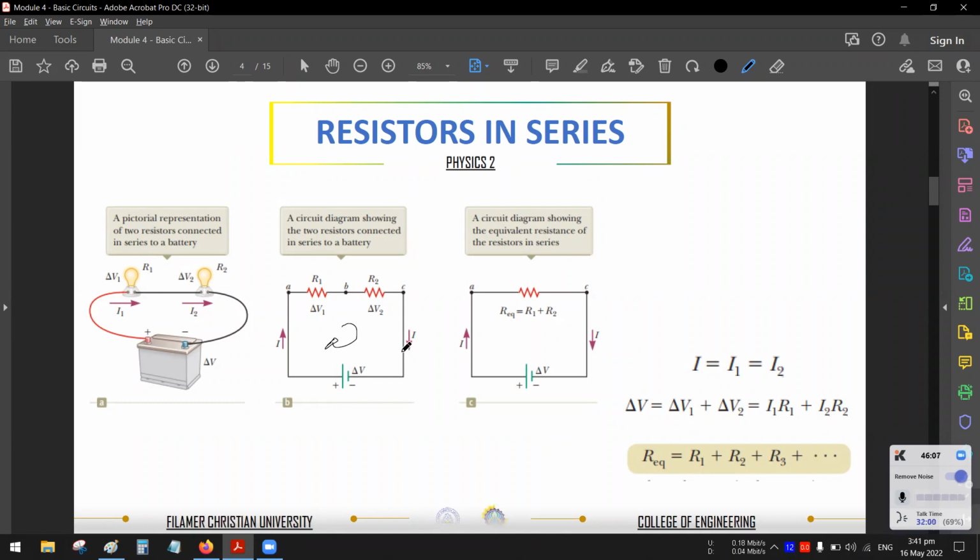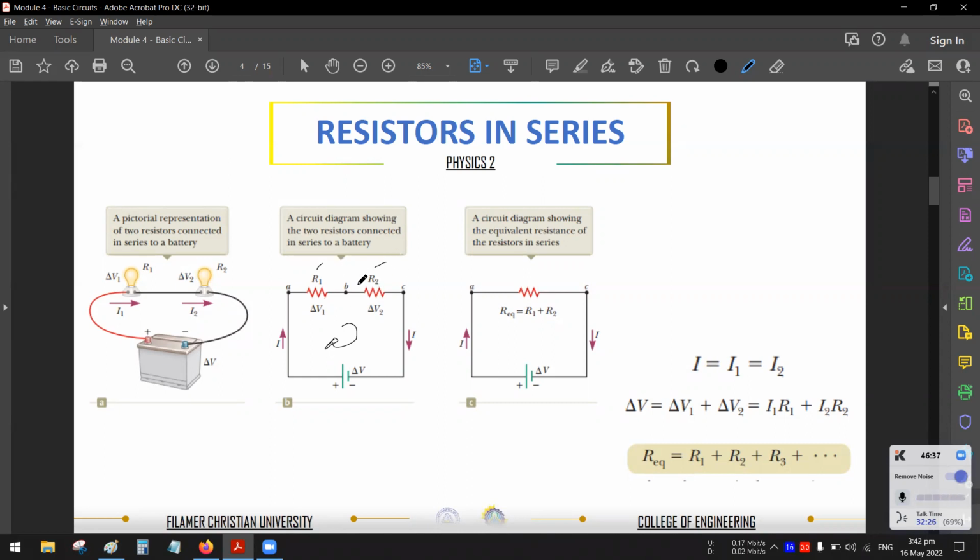Otherwise, the charge would accumulate in the wire between the resistors, here at point B. Therefore, the same amount of charge passes through both resistors, R1 and R2, in a given time interval.